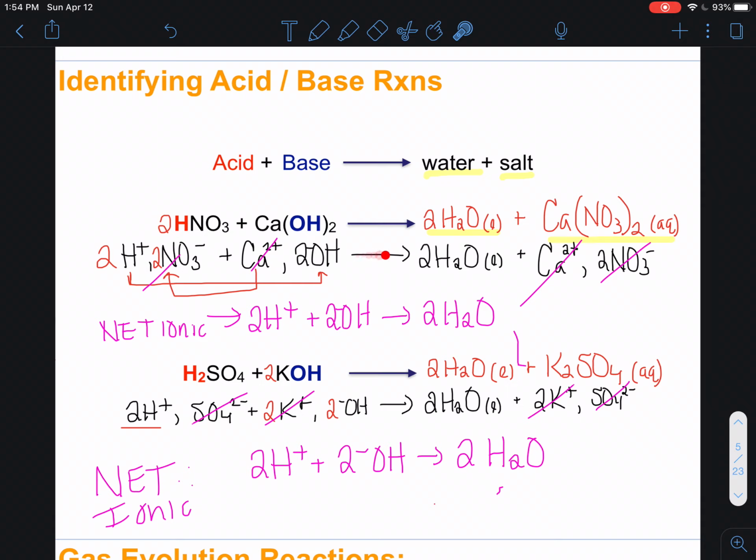Then doing the net ionic, and then the total ionic is the same type of process that it was for the precipitation reactions, okay? For the total ionic, you're only going to break up the compounds that are aqueous and soluble. Water is a molecular compound, so it's not going to ionize in the way that calcium nitrate will. All right, so you're going to bring that all the way through.